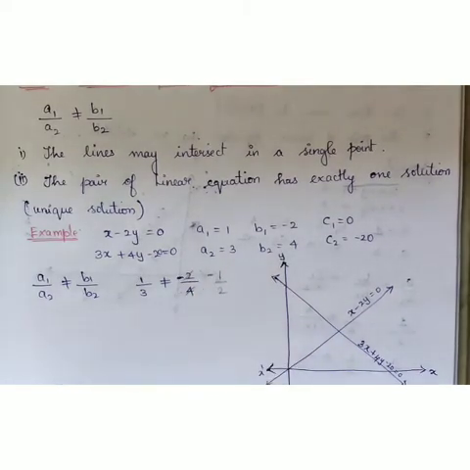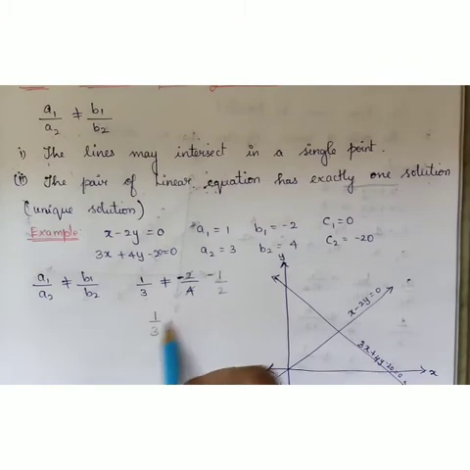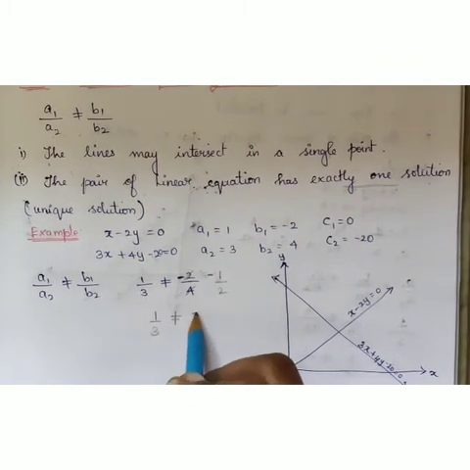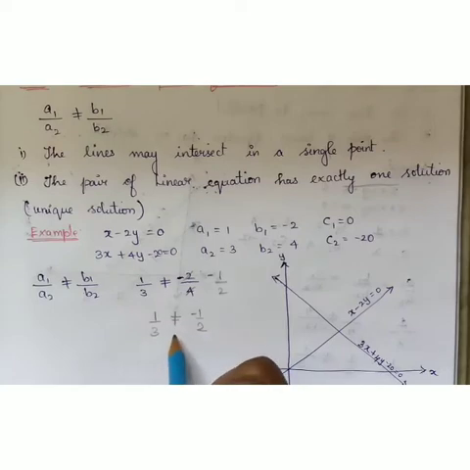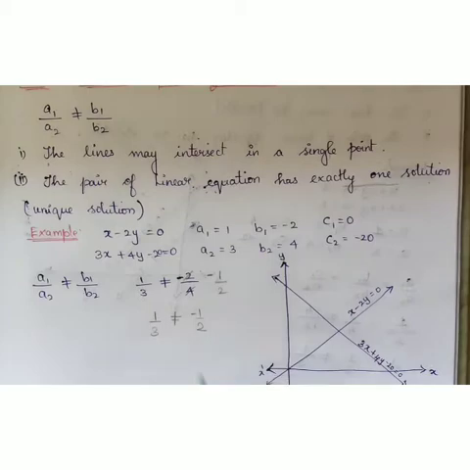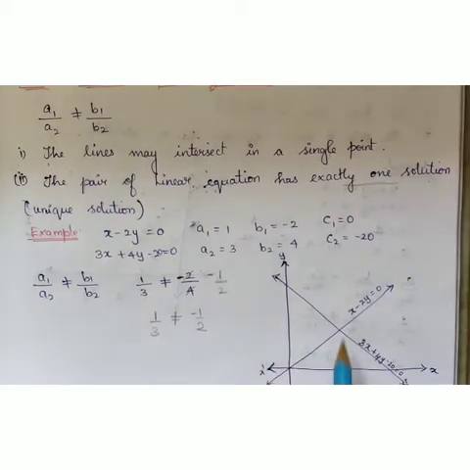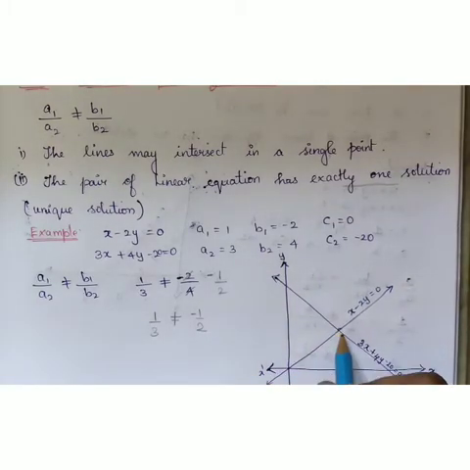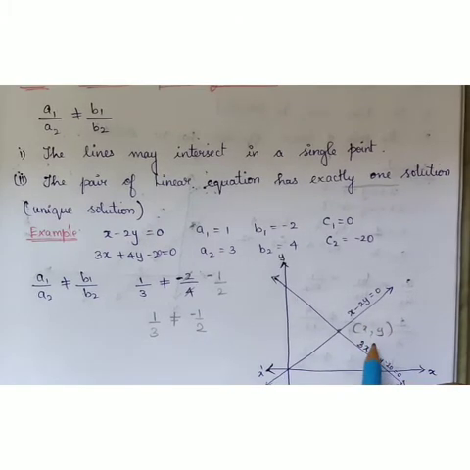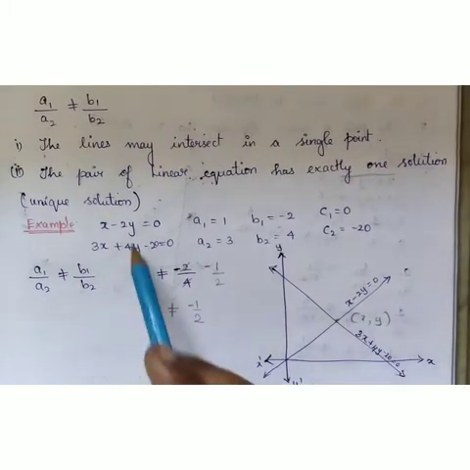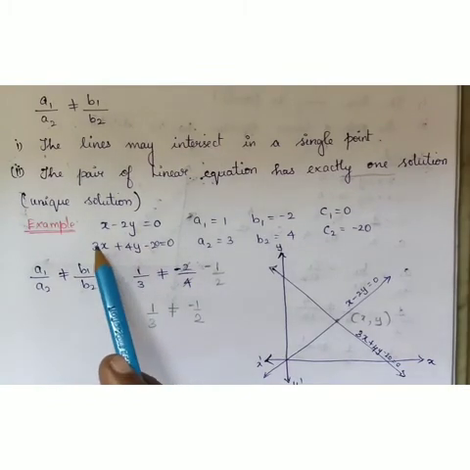So 1 by 3 is not equal to minus 1 by 2. Therefore we can say that it is consistent and has exactly one solution, that these two lines will intersect at a single point. This point x comma y will be the solution of the given pair of equations, that is the value of x and y.